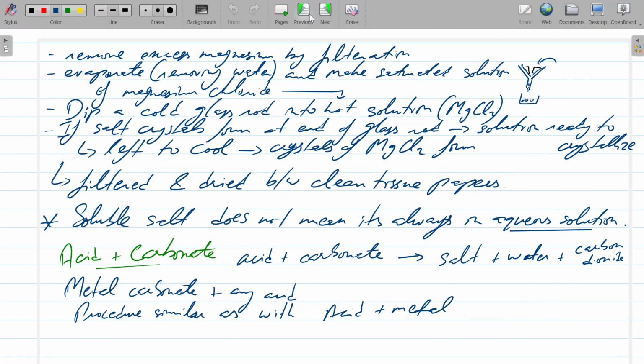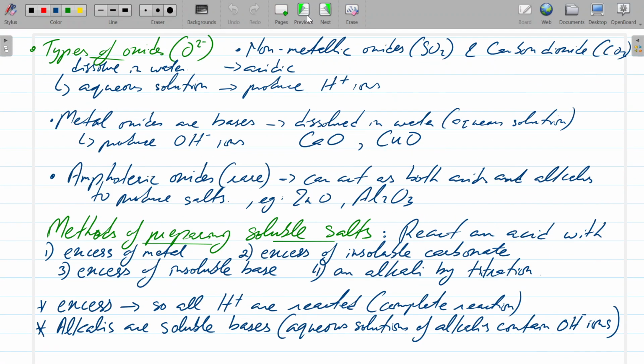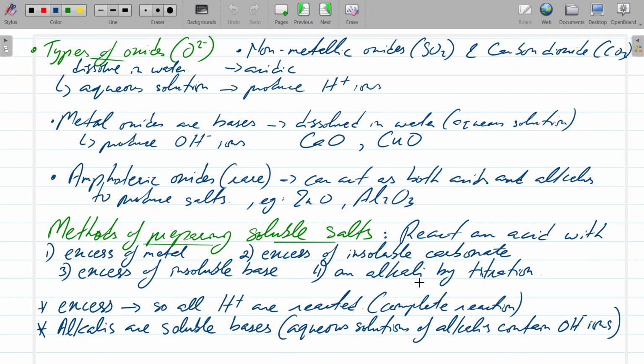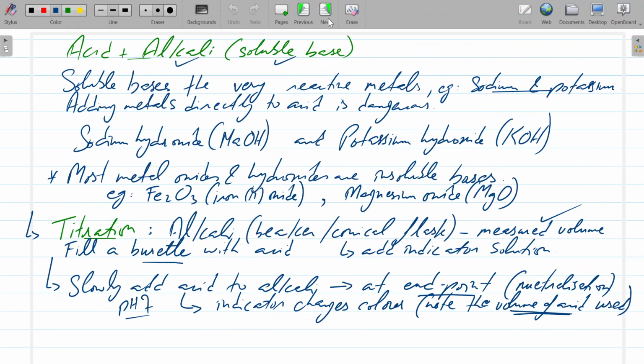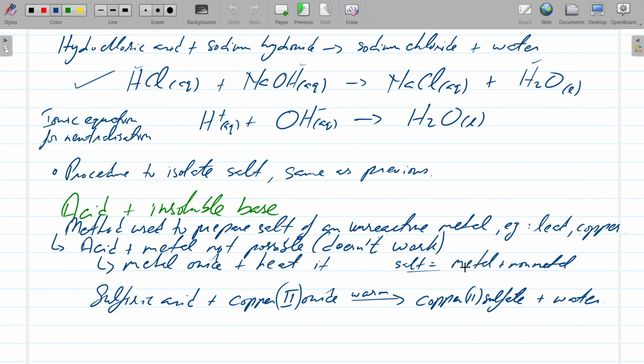Right. So if I just go back and add it over here as well, salts are a metal and a non-metal. So written over here as well.